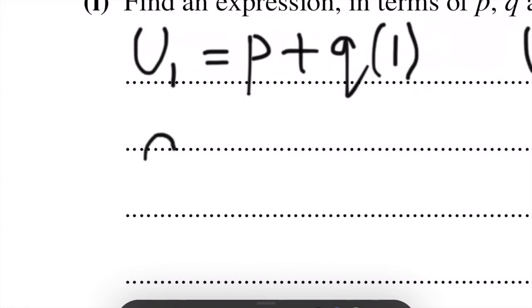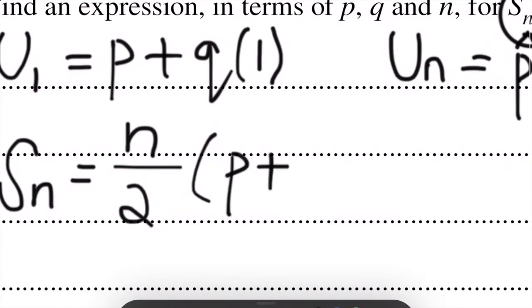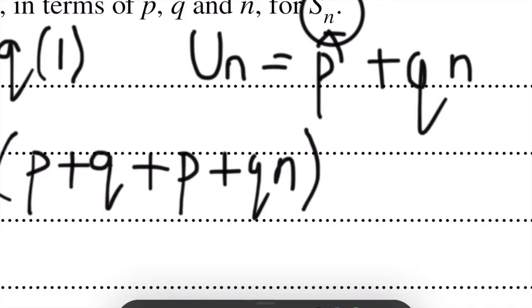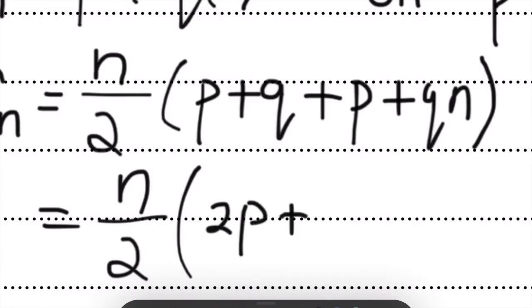Now we'll go ahead and calculate the SN, plus the last term. We will simplify this into n over 2, 2p plus q plus qn.